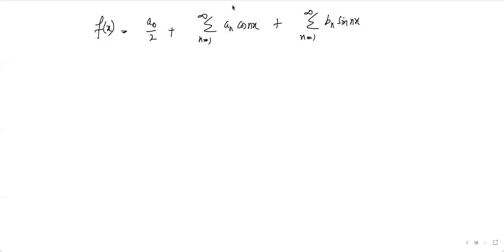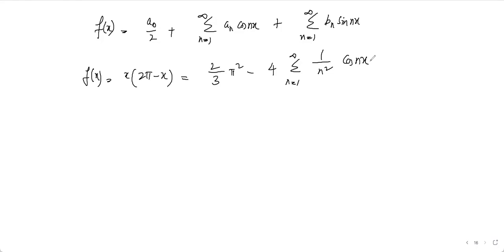Now let us substitute a naught, an and bn here, right? Since we don't have bn, your function f of x, which is x times 2 pi minus x, is 2 by 3 pi square minus 4 summation n equals 1 to infinity 1 by n square cos nx.